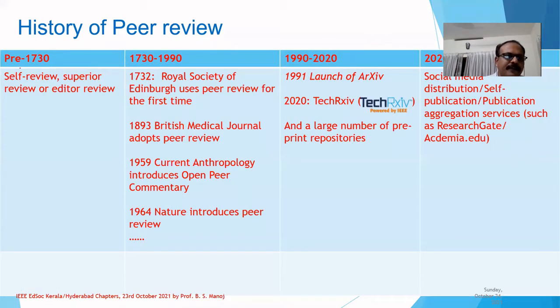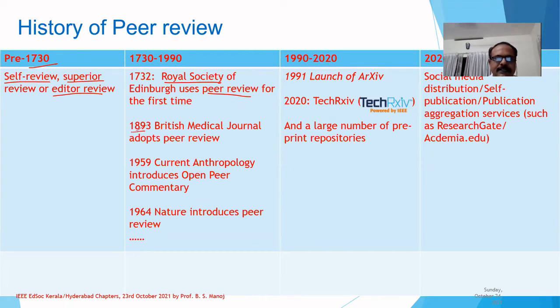So in fact, before 1730, there were only self-review, superior review, or an editor review existing. The first peer review concept came from the Royal Society of Edinburgh, which introduced peer review for the first time, assessing by establishing a committee to review the papers coming to its publications.